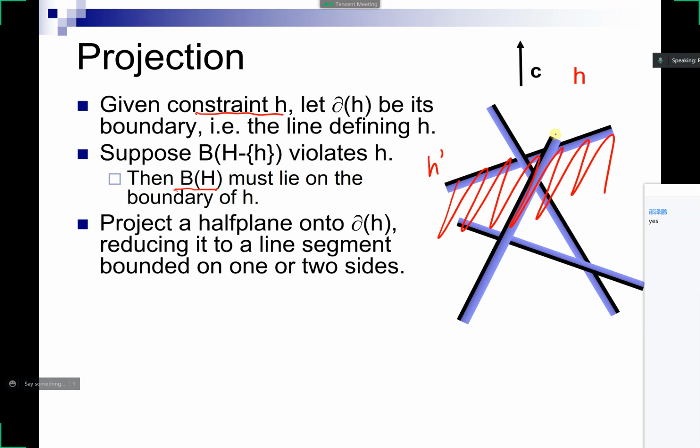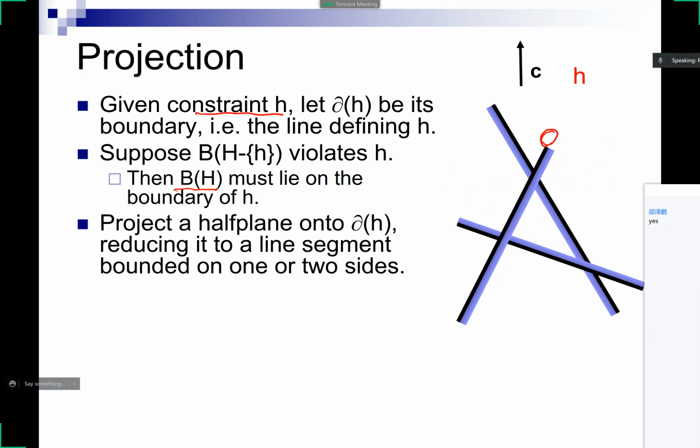Therefore, these points are allowed by H and the previous constraint we took out, but they are not allowed by this new constraint. So when you project this new constraint, you have to remove that little chunk. And we just keep doing this for all of the remaining constraints.